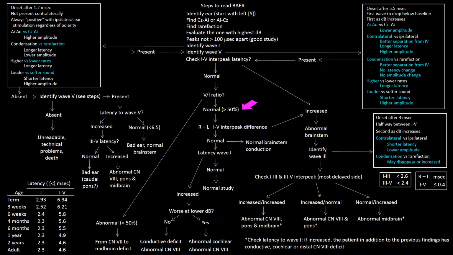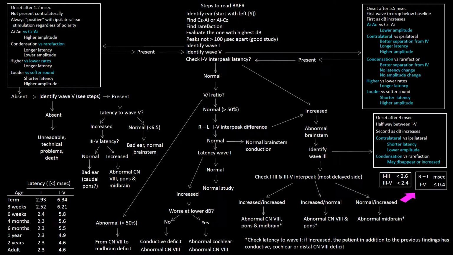So once we know that this ratio is normal, we still need to know one more piece of information before declaring that the conduction through the auditory pathway being tested is normal. But that one piece of information would have to wait until the opposite side is analyzed, because it depends on the presence of synchrony between the right and the left auditory pathways.